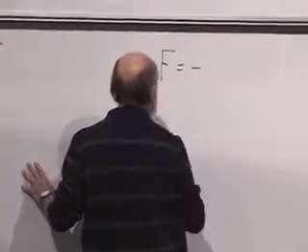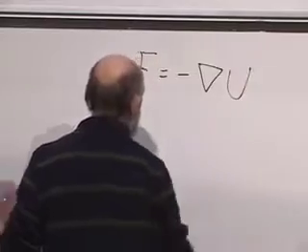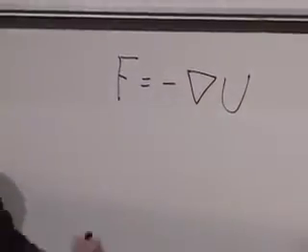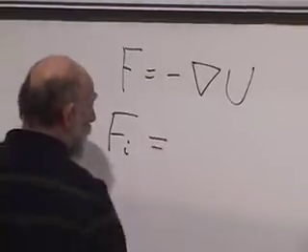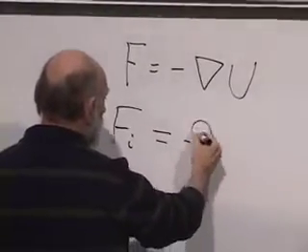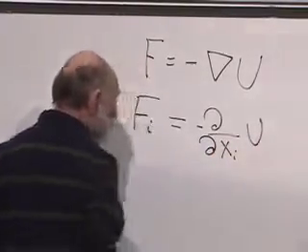From potential energy functions, force is equal to minus the gradient of a potential energy function. To write it in terms of components, it's the equation that we've written. The ith component of the force is minus the derivative with respect to xi of a potential energy function.